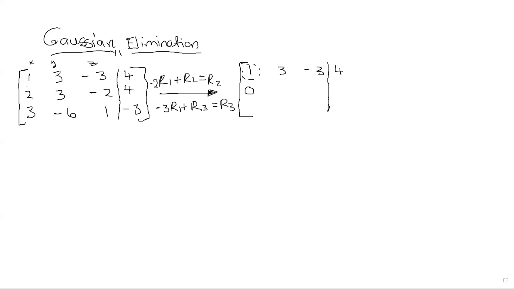Minus 2 times 3 is minus 6, plus 3 is minus 3. And then if we do the same thing, minus 2 minus 3 will give us minus 5... sorry, minus 2 times minus 3 will give us 6. 6 plus minus 2 will give us 4.